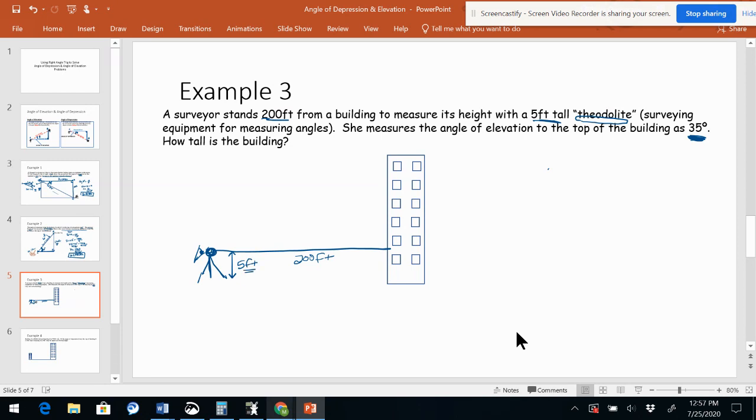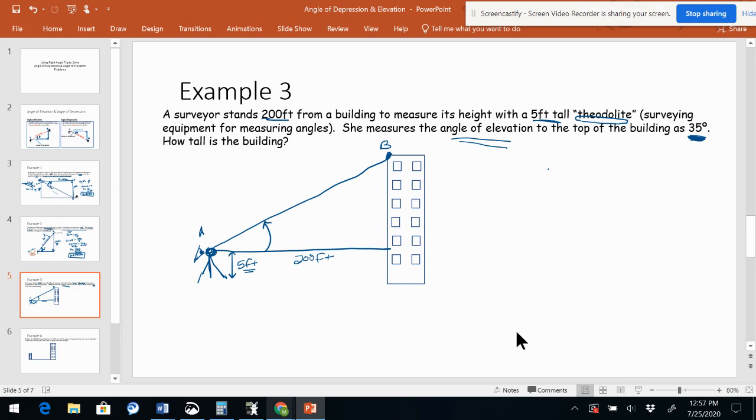And she measures the angle of elevation to the top of the building as 35 degrees. So if I'm looking up to the top of the building, this is going to be my line of sight right here. So I'm looking from point A to point B, the top of my building, and my angle of elevation is going to be the angle that forms between my horizontal line and my line of sight.